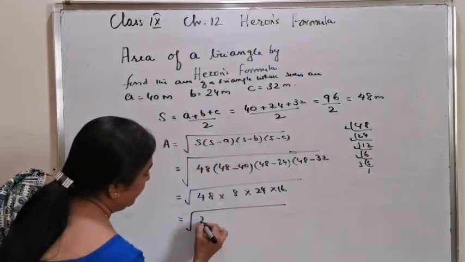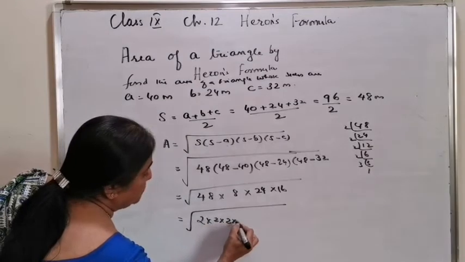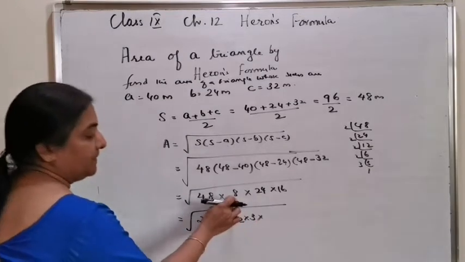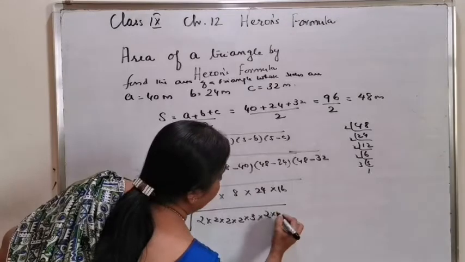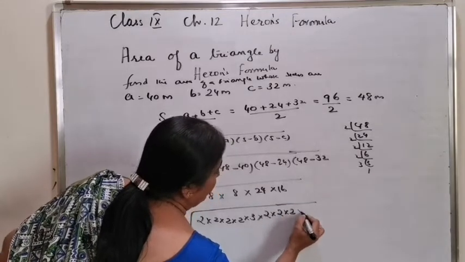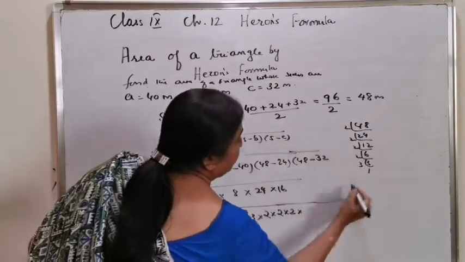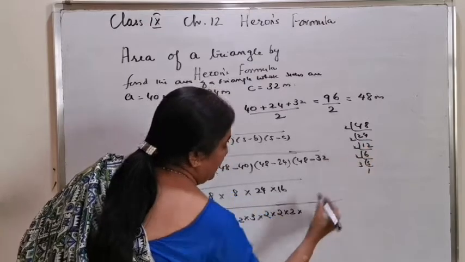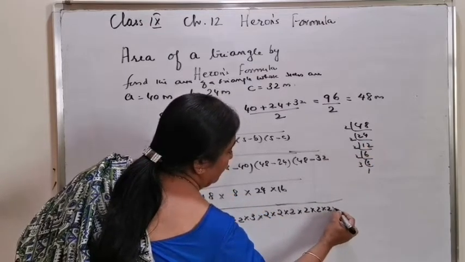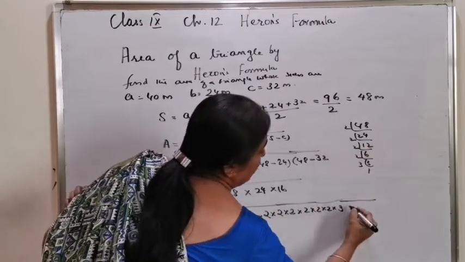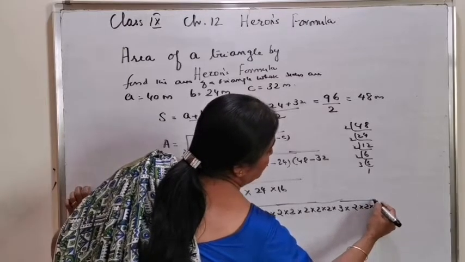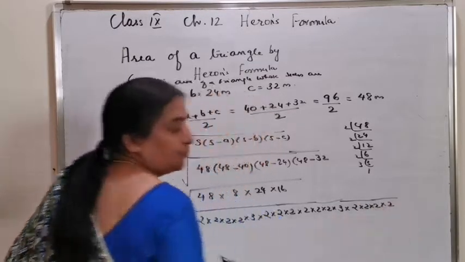That means 2 into 2 into 2 into 2 into 3. 8 is 2 cubed. Again, 24 is 2 into 2 into 2 into 3. And 16 is 2 into 2 into 2 into 2.